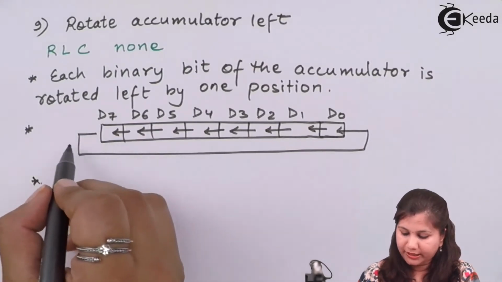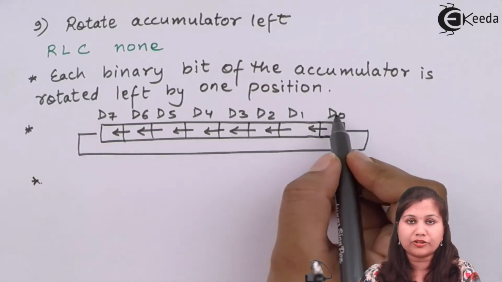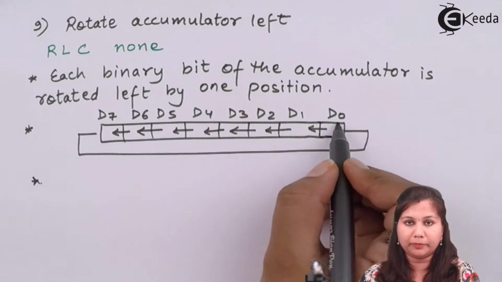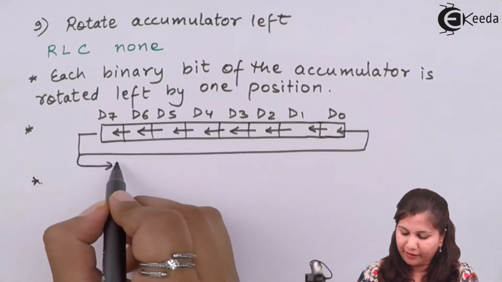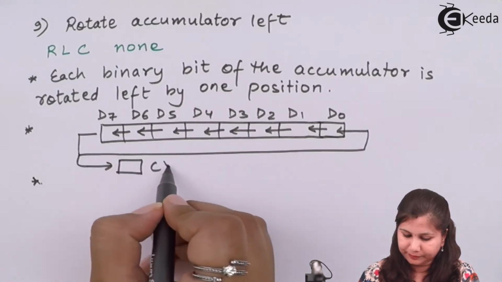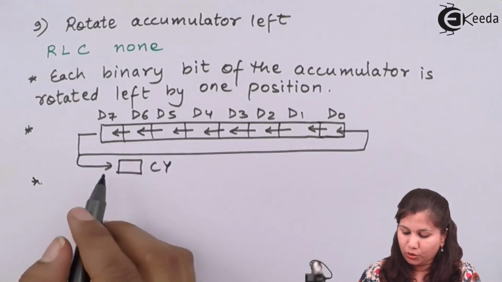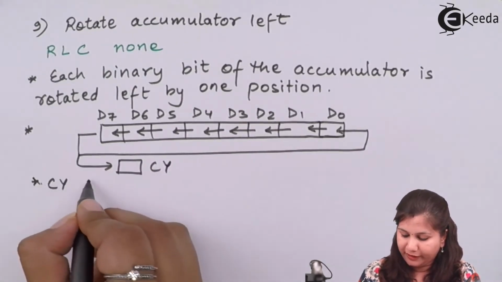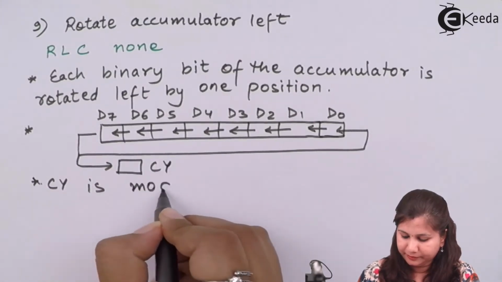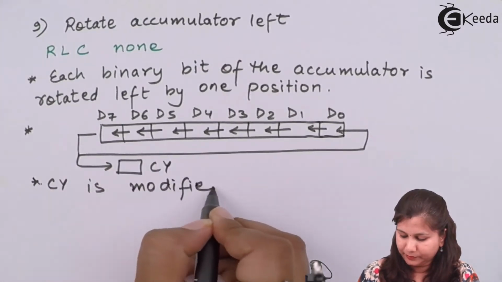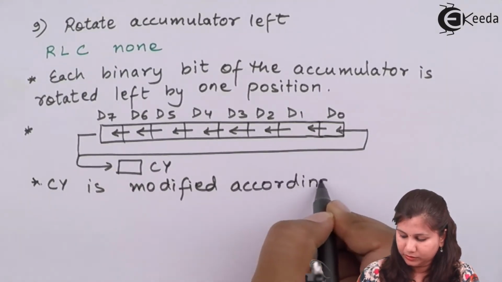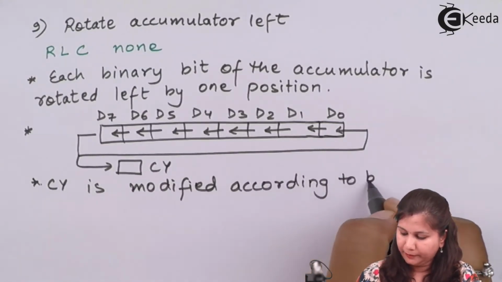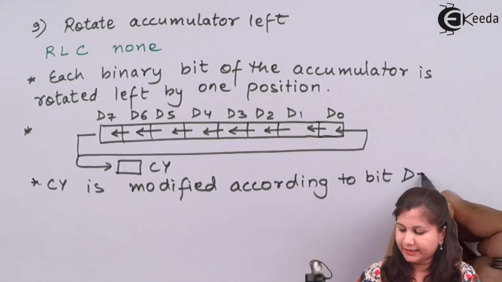Now this D7 bit, when it is shifted to the D0 bit, also goes to the carry flag, okay? So the carry flag is modified according to the bit number D7.